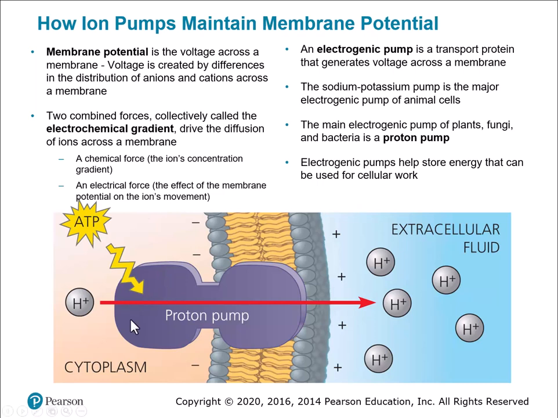And then as the gradient is rebuilt, you will rebuild that resting membrane potential and be ready to make another action potential so that your nervous system or muscles can fire. Nervous system fire, muscles contract. And so this is our electrochemical gradient, built not only by our proton pumps, but also by our sodium-potassium pumps.